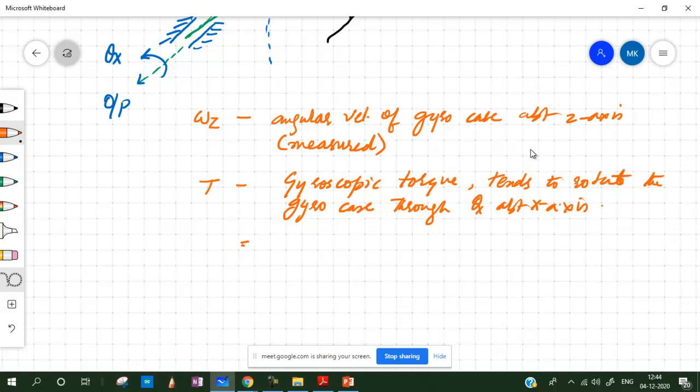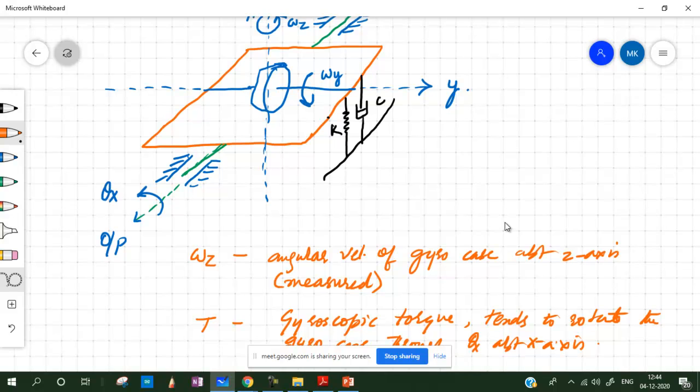and this, as we have calculated above, is equal to the angular momentum I omega into omega precession, which we have connected as z, so this can be our omega z. And for the spin axis, it is omega y.